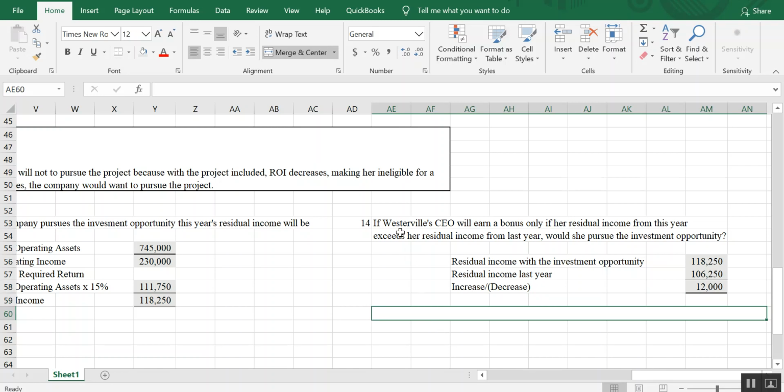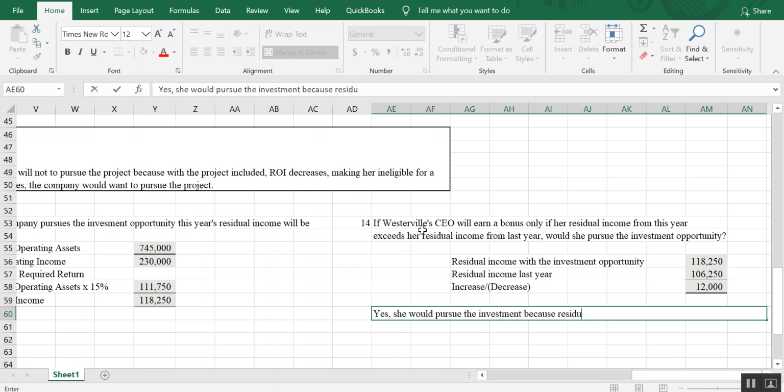Now it says if Westerville's CEO will earn a bonus only if her residual income from this year exceeds residual income from last year, would she pursue the investment opportunity? And the answer is yes. She would pursue the investment because residual income will increase, resulting in a bonus.